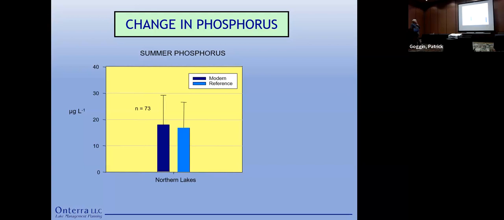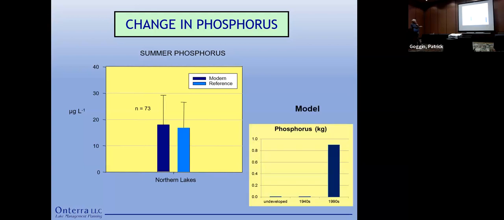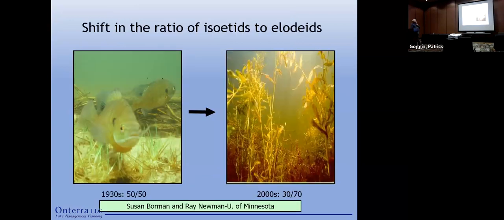And what we think happened, this is just to remind you what the modeling showed, that we should be getting a lot more phosphorus coming in, is that, as you remember, what Susan Borman found was that in the 1930s, a lot of the macrophytes were very short growing. They weren't very high, but now a lot of these lakes have macrophytes that grow much higher. They're much denser macrophyte communities.